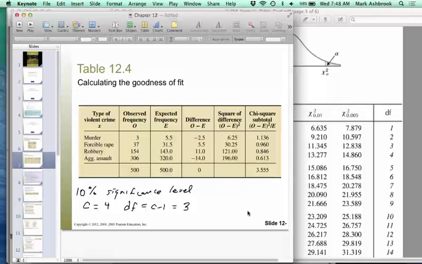So let's make a little drawing here. Our critical value is 6.251, which leaves an area here of 10% with 3 degrees of freedom.